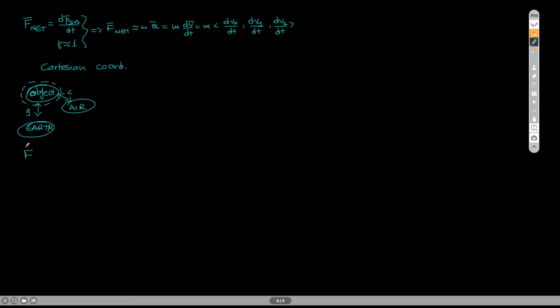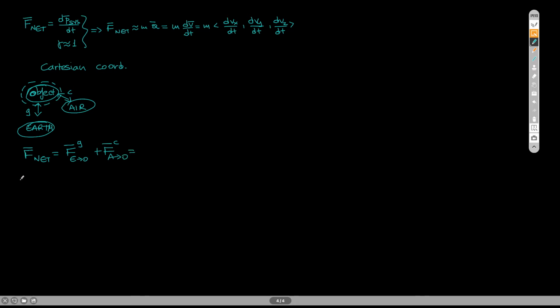Now, the net force will be the gravitational force from the earth on the object, and it will also be that contact force from the air on the object.